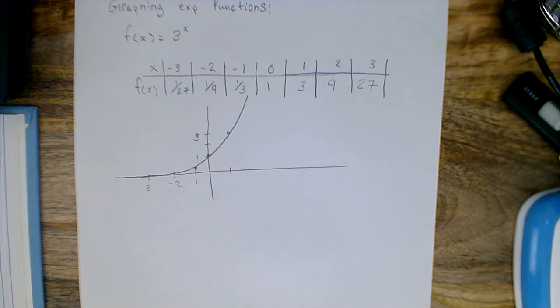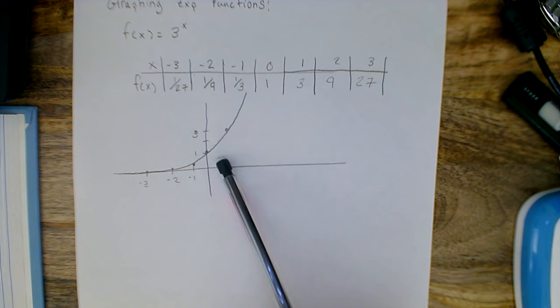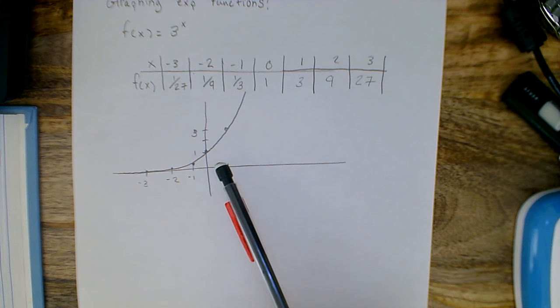Okay, so you might have seen this. Actually, human population models often follow an exponential curve, or animal populations in general.